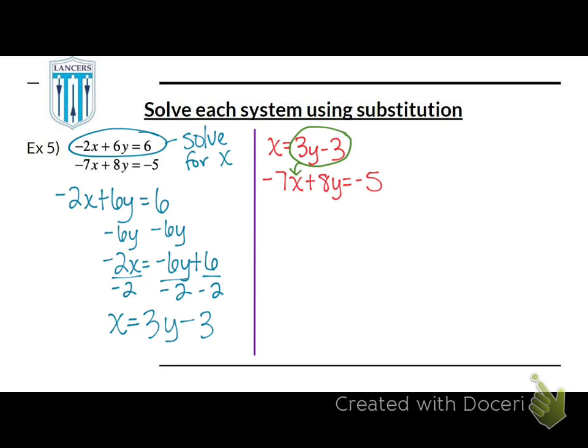The numbers in this one don't turn out as big, so go ahead and try the rest of this problem on your own. If you're still working, that's okay. We're going to start talking through it. I substituted in my expression for x, so now I need to distribute. Remember to keep track of your signs. A negative times a negative is going to make that a positive 21 back there.